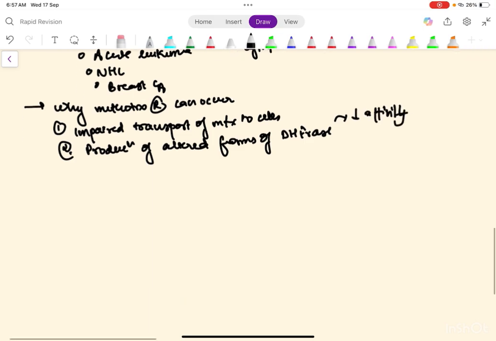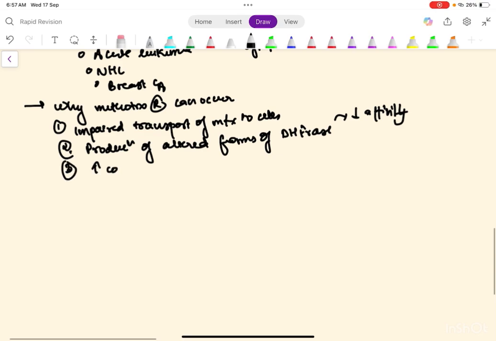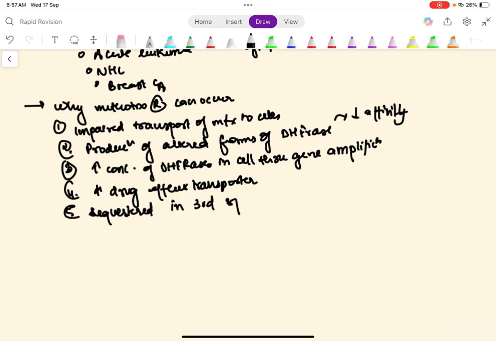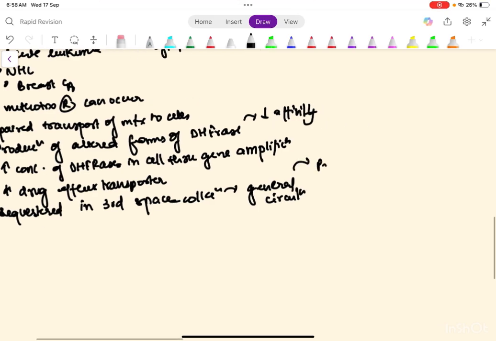Alright, then increase in concentration of DHFR in the cell through gene amplification. Then there can be increase in drug efflux transporter. Then it can be sequestered in third space collection, and then it can go to the general circulation, and then it can lead to prolonged immunosuppression.